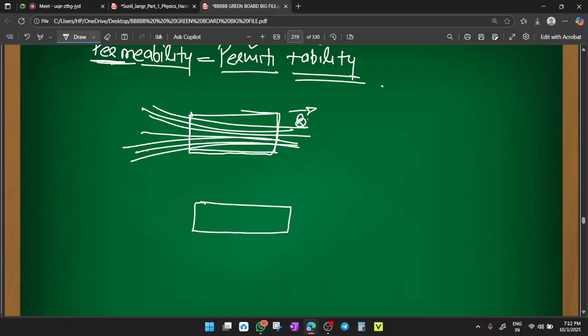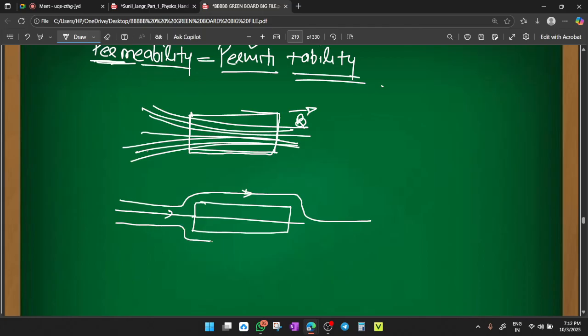And another material does not want to permit the lines of force. This material avoids passing the lines of force. Clear? So permeability is high for the first material. So this is mu1 and this permeability is mu2. So mu1 is greater than mu2. Understood?